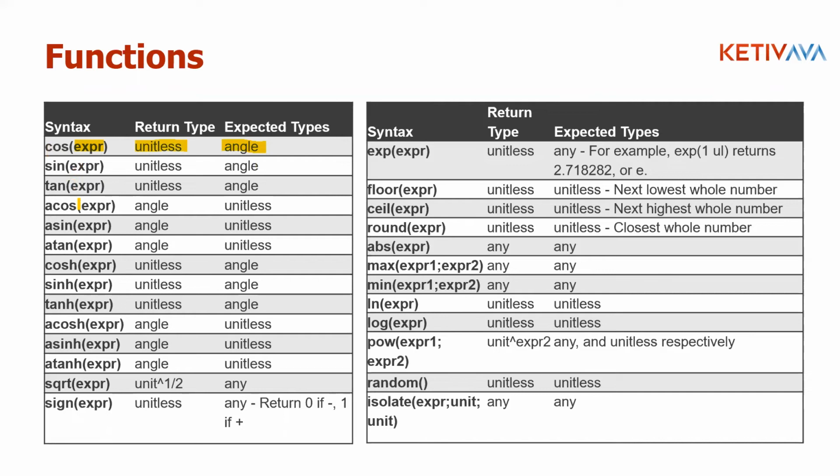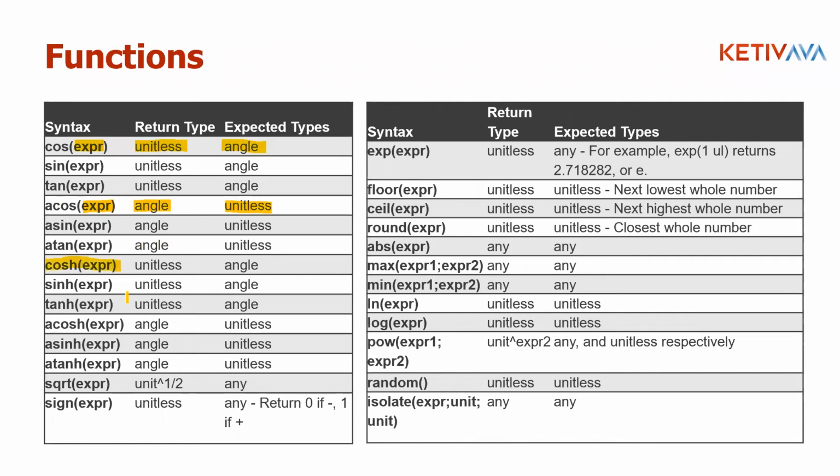Okay. And then we've got the inverse trig functions here, inverse cosine, sine, tangent, or arc cosine. That's where the A comes from, A cosine. And it's the reverse of that, right? So the expression it expects needs to be unitless in order for it to calculate correctly, and the value it's going to give us back is going to be in some angle units, such as degrees or radians.